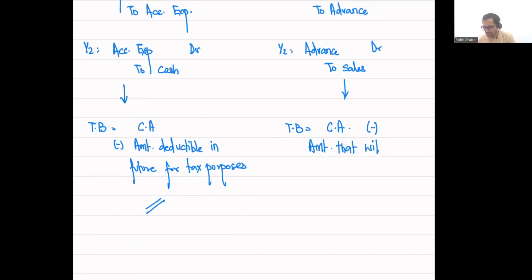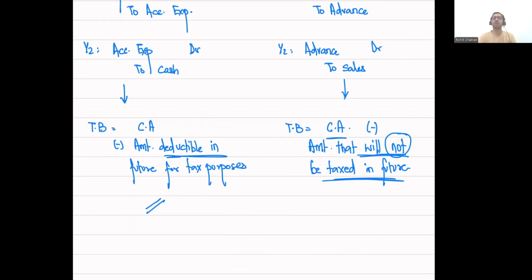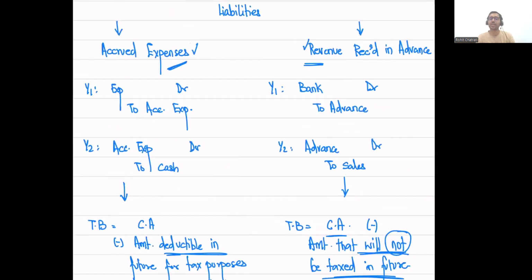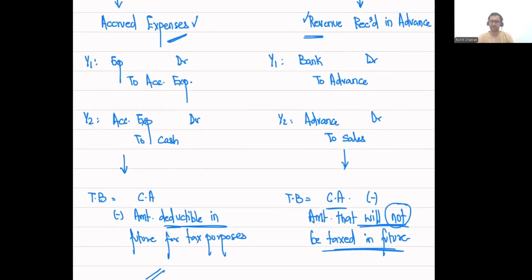For accrued expenses, the logic was carrying amount minus amount deductible in future. For revenue received in advance, it's carrying amount minus the amount that will not be taxed in future. You take the carrying amount and reduce the amount that will not be taxed in future.